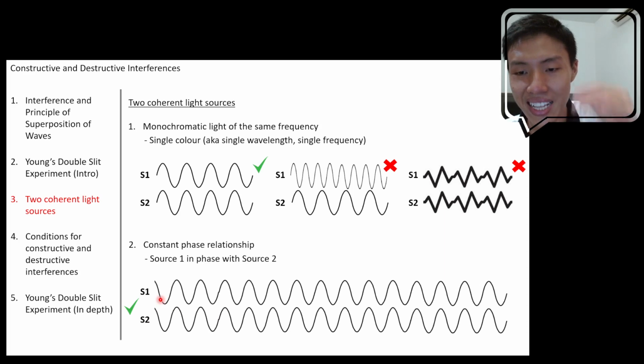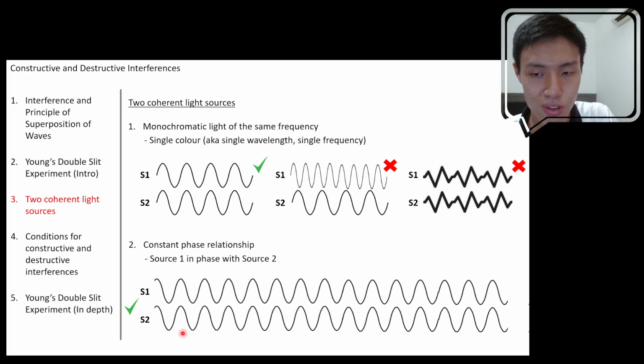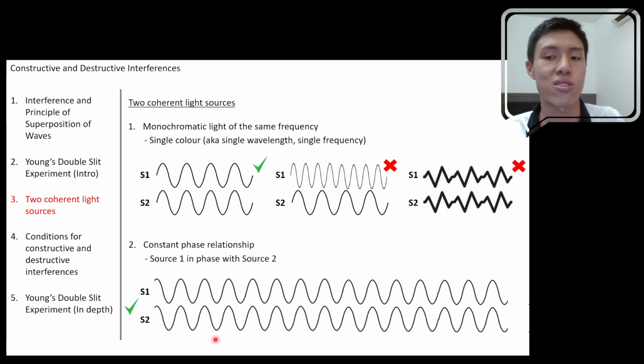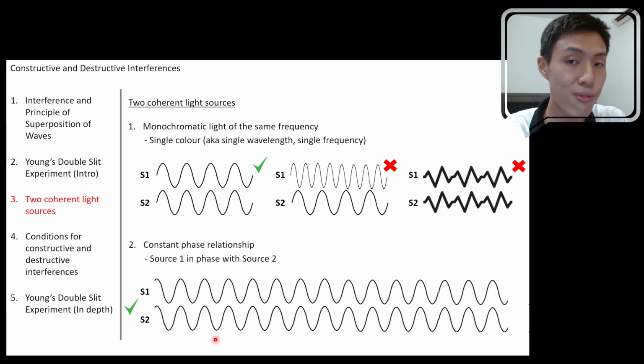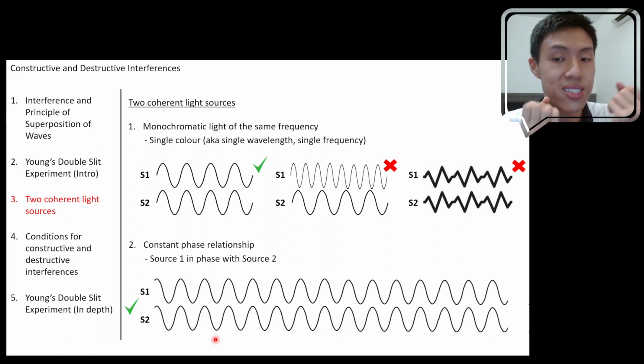If it's a trough coming out from source 1, it's also a trough coming out from source 2. If it's a crest from source 1, it's also a crest from source 2. So you can see crest, crest, trough, trough, crest, crest, trough, trough. This situation we call in phase with each other. The relationship between source 1 and source 2 is that they are both in phase, and the phase difference is 0.